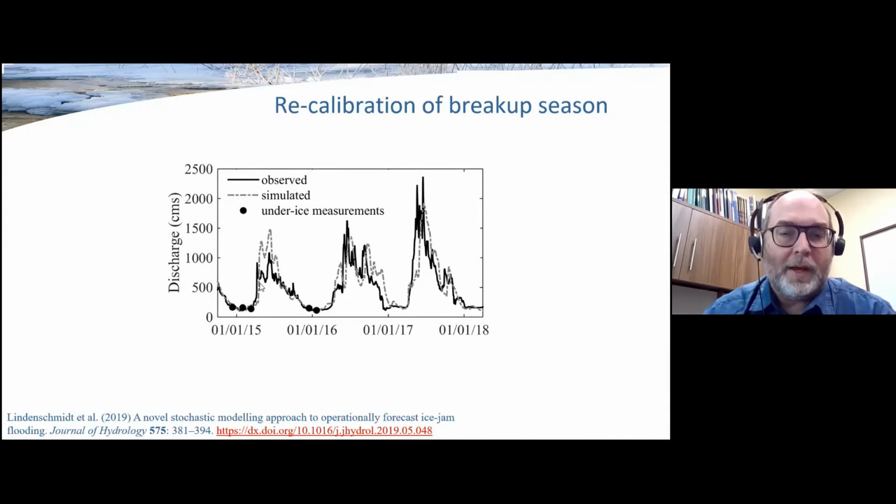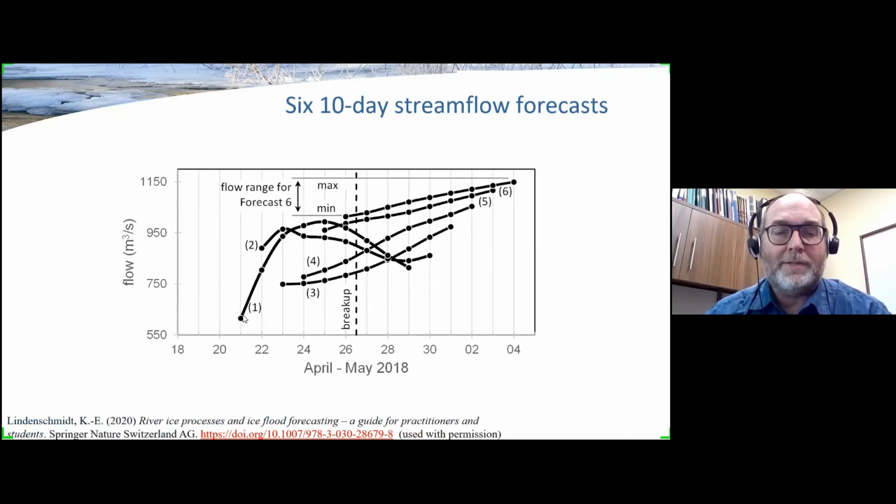Now, one thing I don't know is the exact date in the future when that jam is going to happen. It could happen in 3 days, 5 days, 10 days from now. I don't know. So what I'll do is a 10-day forecast of my flow. This is forecast 1.